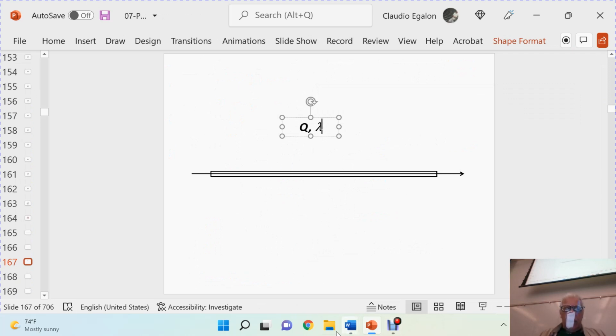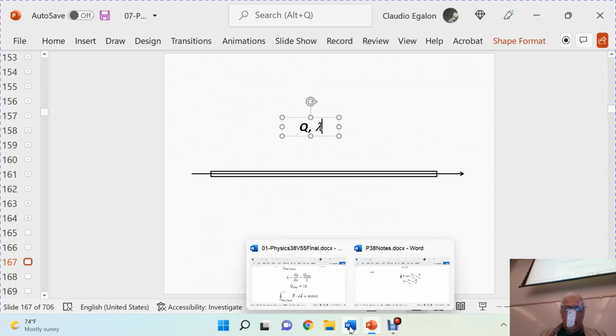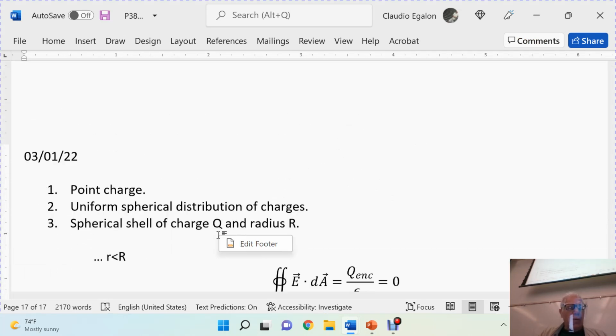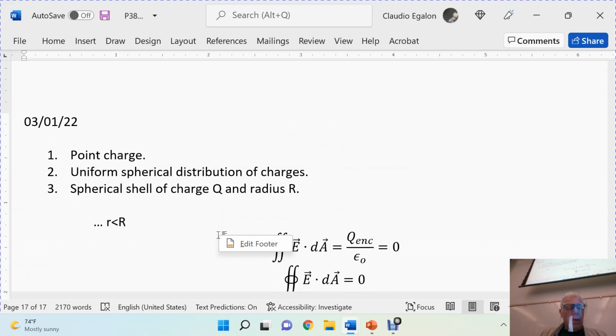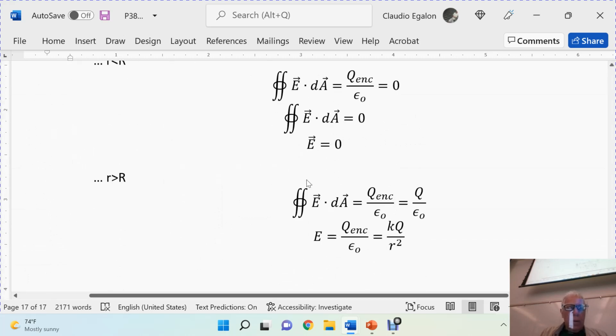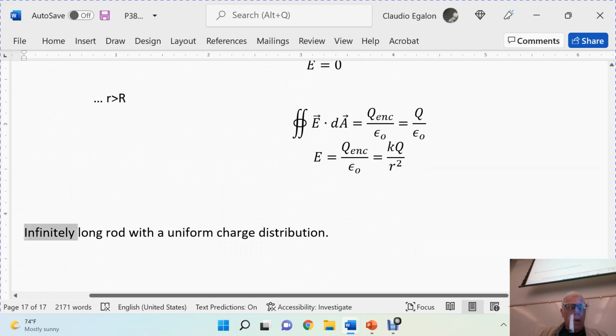Next one is uniform linear charge distribution. Infinitely long rod with a uniform charge distribution. So this one should be case number 4.